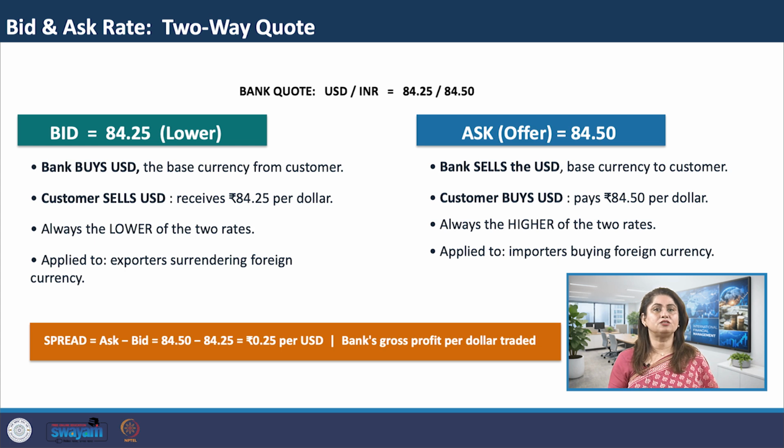The percentage spread is equal to 0.25 divided by 84.50 times 100, which is 0.296%, approximately 0.3%. Small as a percentage, but large in absolute terms at scale.